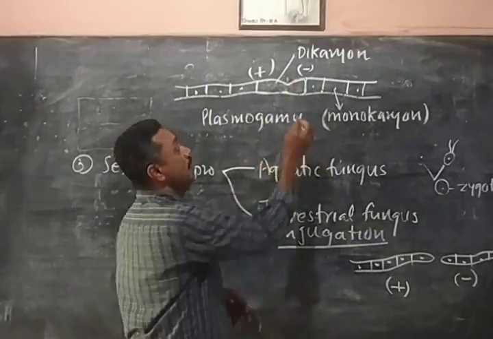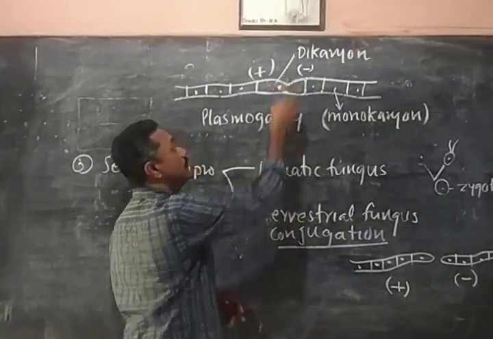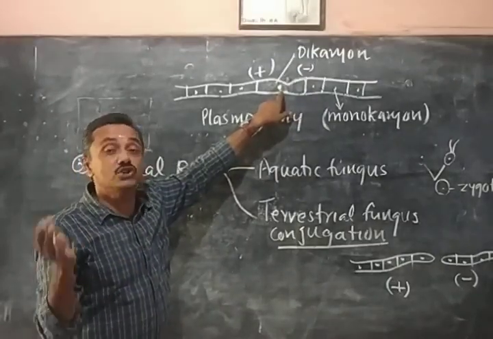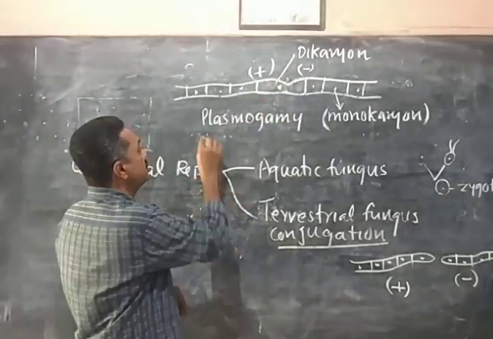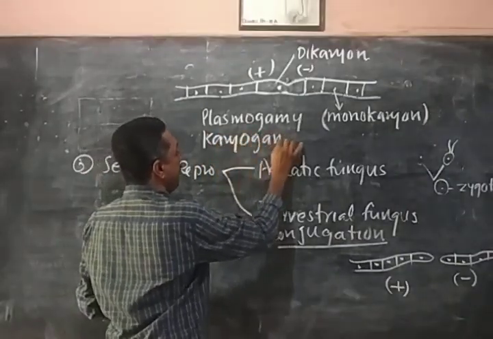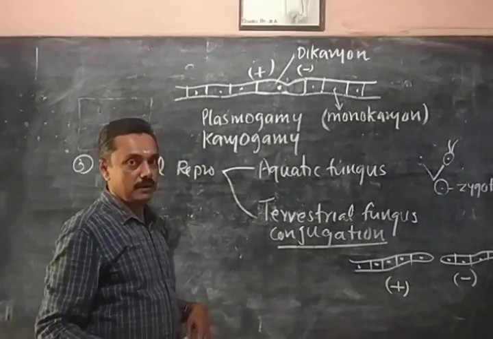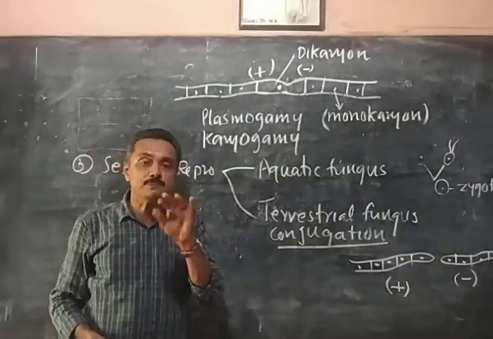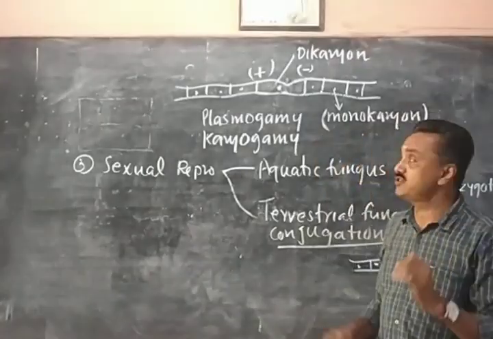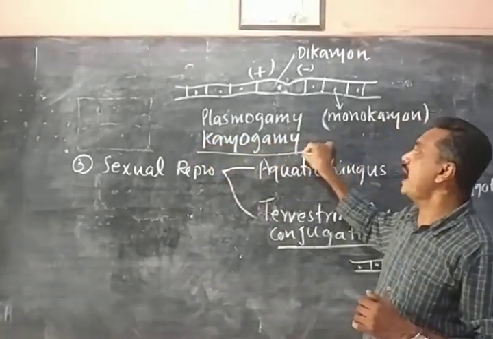The plus and minus nuclei will join together. The joining of nuclei is called karyogamy. Mixing of protoplasm is called plasmogamy. Joining of nuclei is called karyogamy.